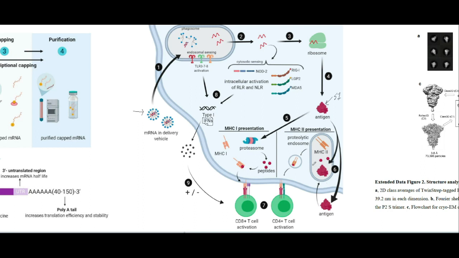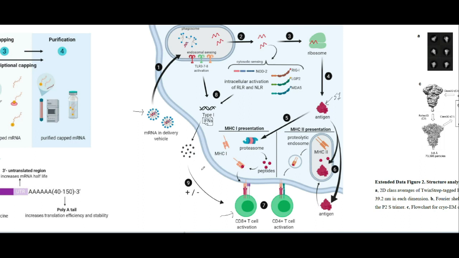And then they actually sort of present these on the surface of the cell, so that other white blood cells can come and sort of grab onto it and say, okay, those are the things we need to look for, and we need to start producing more of these kind of cells.